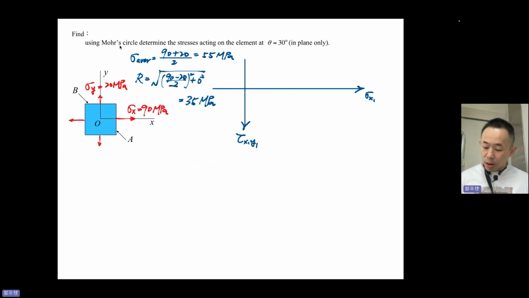Okay, now we are ready to set the point. So this is 55, right? 55. And 35 will be our R. So what is R? Let's try 35. Maybe too big.